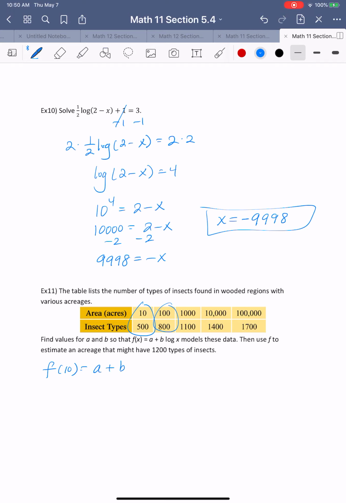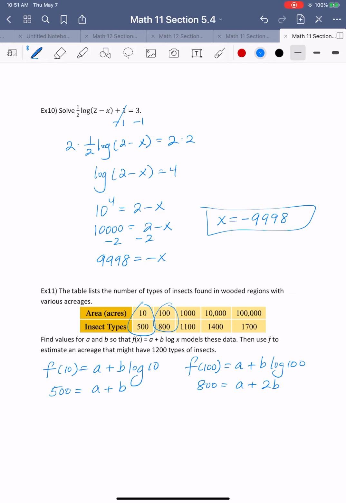A plus b, which we don't know yet, times log of 10. So f of 10 is 100, so a plus b log of 10 is 1. So we got the first equation. Now I'm going to use 100. You can use either one, right? a plus b log of 100, which is 800. Log of 100 becomes 2, so 2b.